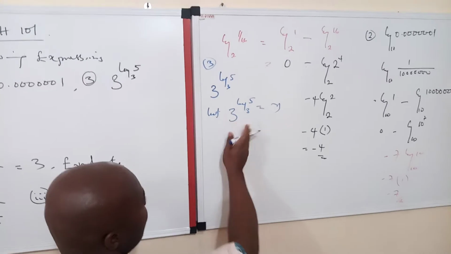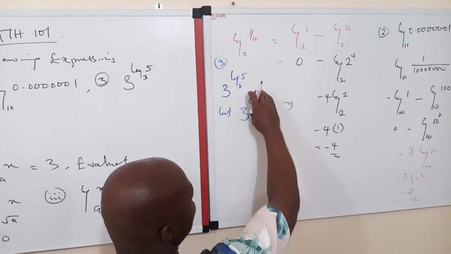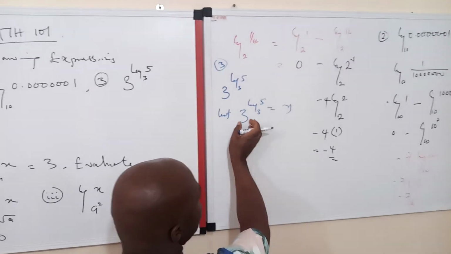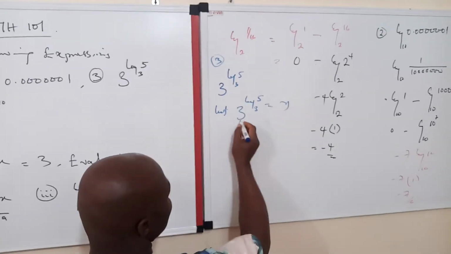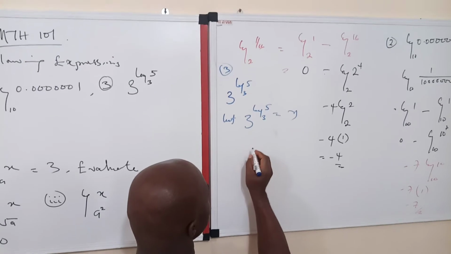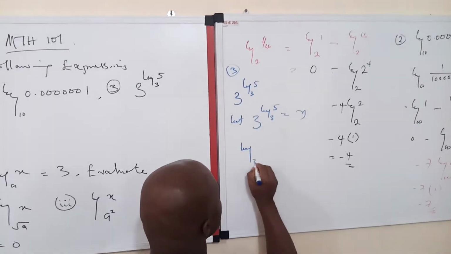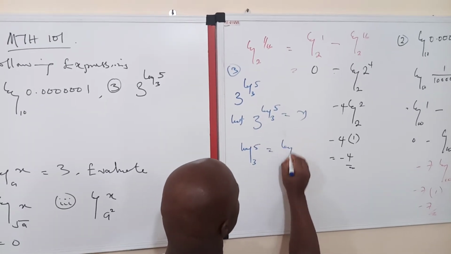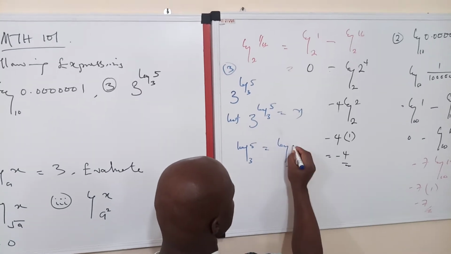Now, if we can remember, this thing is in terms of indices, though the power here is in terms of logarithm, but it's indices. This number raised to power something is equal to a particular number. So we can write this expression in terms of logarithm. In doing so, we say this power is the logarithm in base this of this number.